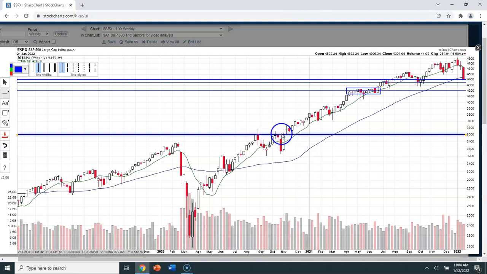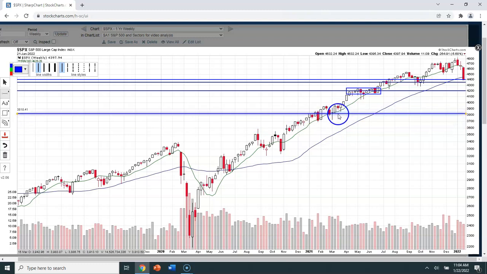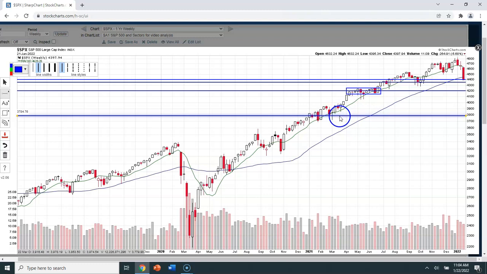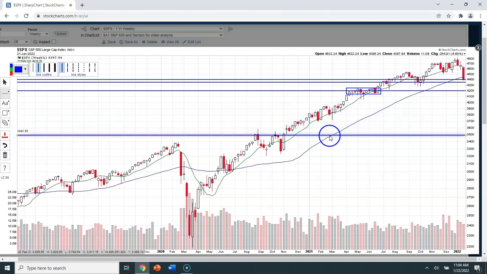So hopefully you can see that, but 4,350, 4,200, again, maybe some support around 3,800 to 3,900. You can see there's kind of some trading right in here, right around this area here. 3,500 becomes even a better floor.